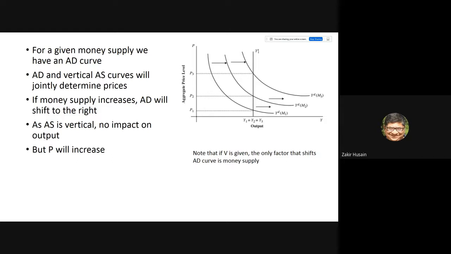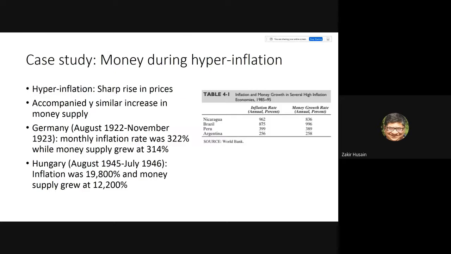Demand doesn't determine prices. You will see that demand does have a role, but not the role that we normally conceptualize demand to have. So the impact of money becomes very glaring during hyperinflation.